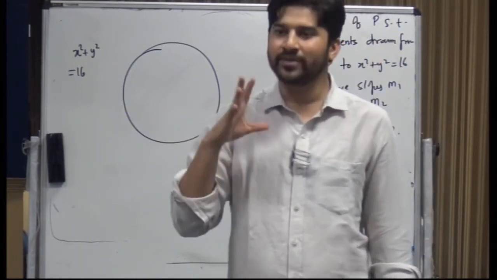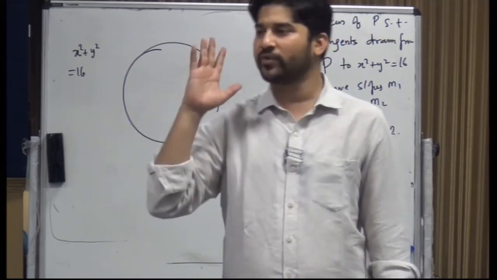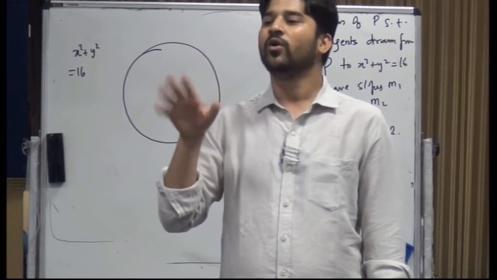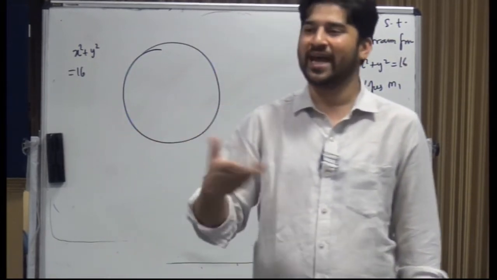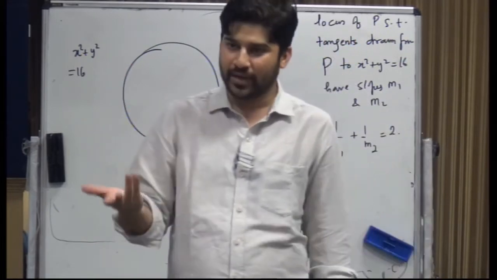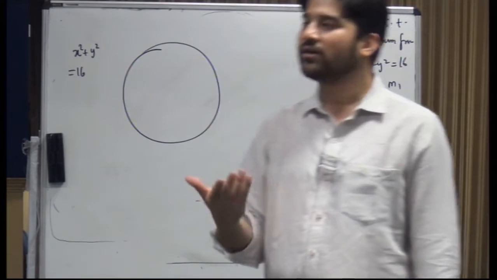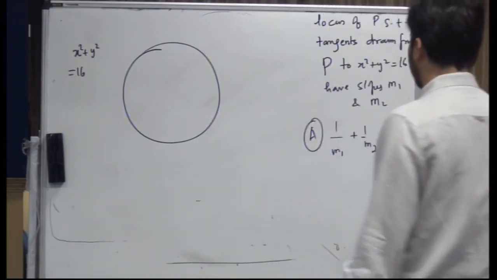Introduce new variables. Total number of new variables plus 1 should be the total number of equations. Eliminate the new variables. Then whatever equation you get, you will be left with h, k and constants. Replace h by x and k by y. That would be the equation of the algebraic locus, right? You guys are not revising.